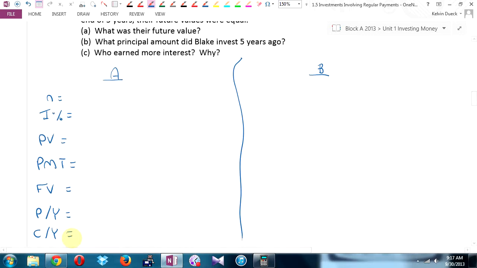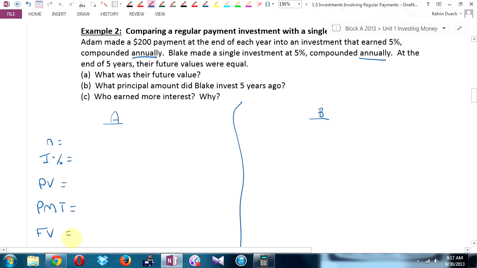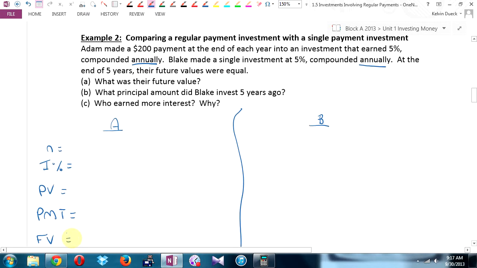N is the total number of compound periods. It's annually, so once a year, and for how many years? What's the annual interest rate for Adam? What's the present value for Adam? What's he starting out with?